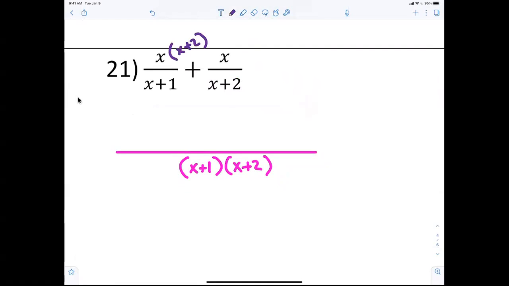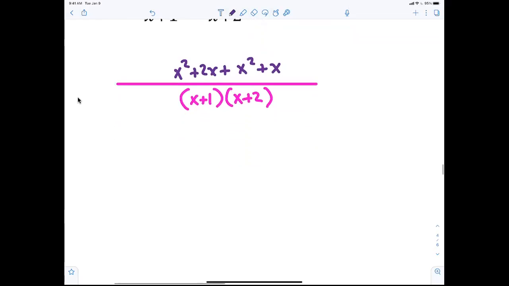And multiply the right by... so now we're distributing. What do I get? X squared plus 2X plus X squared plus 1, plus what? Plus X squared plus 1. Which is what? 2X squared plus 3X, all over X plus 1, X plus 2.